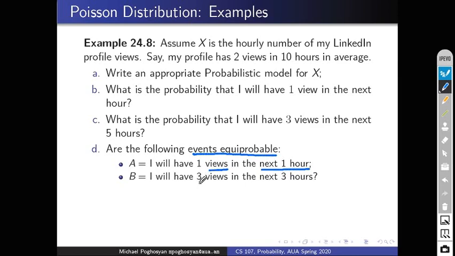And the second one is that I will have 3 views in the next 3 hours. Do these events A and B have the same probability? The probability I will have 1 view in 1 hour, will it be equal to I will have 3 views in 3 hours? Let's first solve by using our Poisson distribution. But first pause this video and think about that.